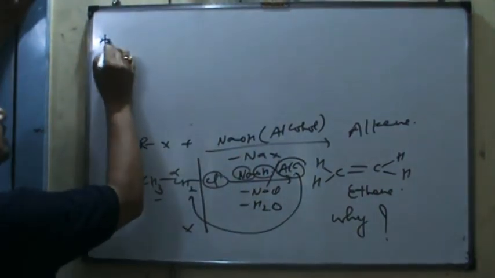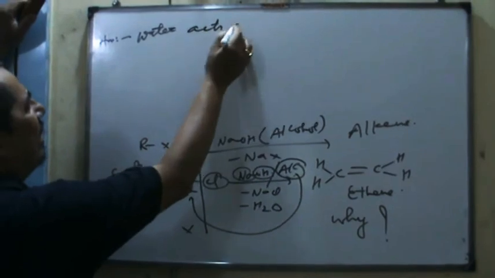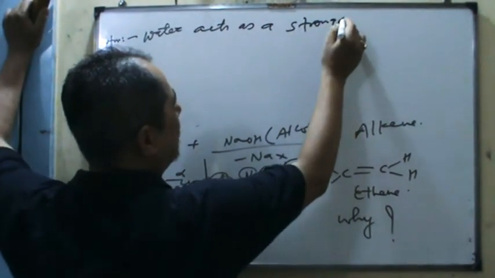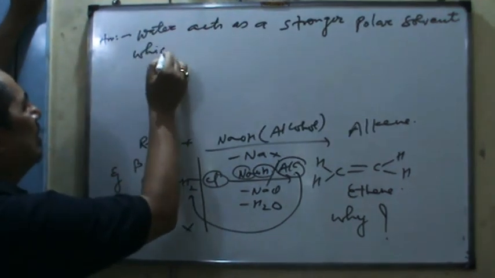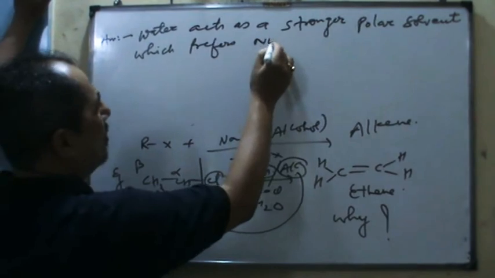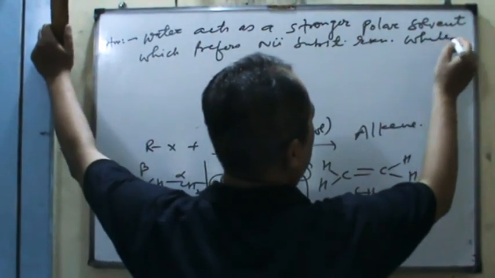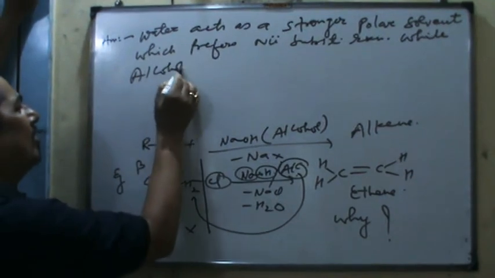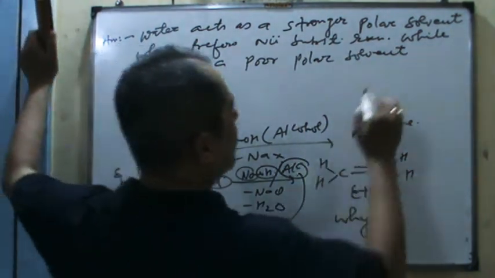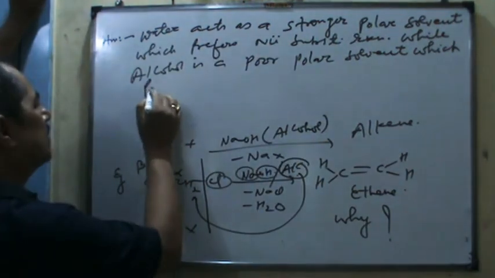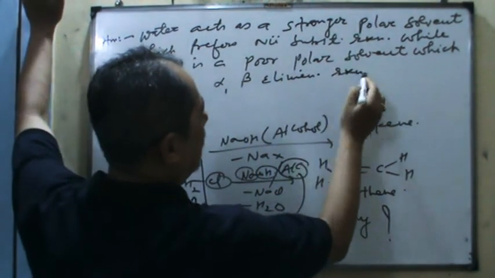So simple answer, you can write that water acts as a stronger polar solvent which prefers nucleophilic substitution reaction, while alcohol is a poor polar solvent which prefers alpha beta elimination reaction.